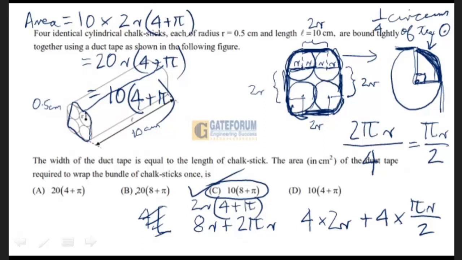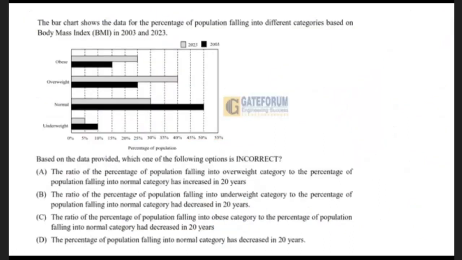Let us move on. This is a data interpretation problem utilizing bar graphs. The bar chart shows the data for the percentage of population falling into different categories based on body mass index, BMI, in 2003 and 2023. 2023 is the gray one, and 2003 is the black one.